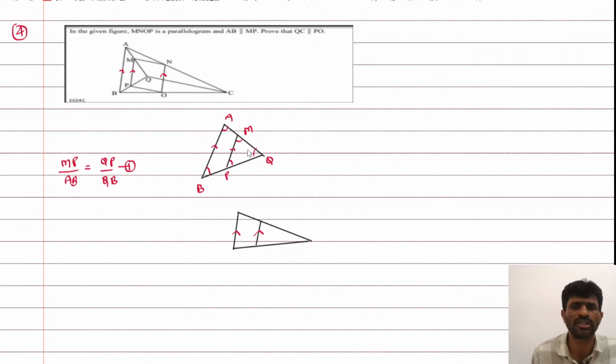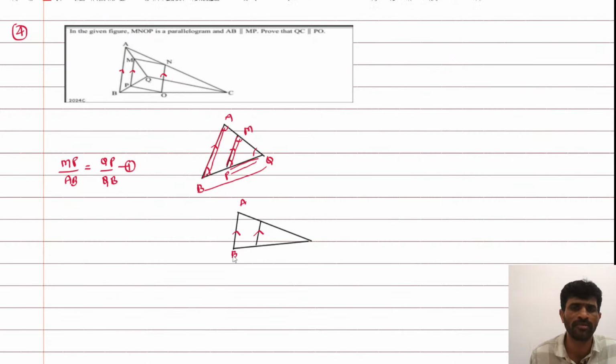This is 1, because these two triangles are similar. When two triangles are similar, the ratio of corresponding sides is the same. This side is corresponding to this, and this side is corresponding to this whole big side. So we write MP by AB is equal to QP by QB. So this is 1, and in the next triangle also we follow the same way.